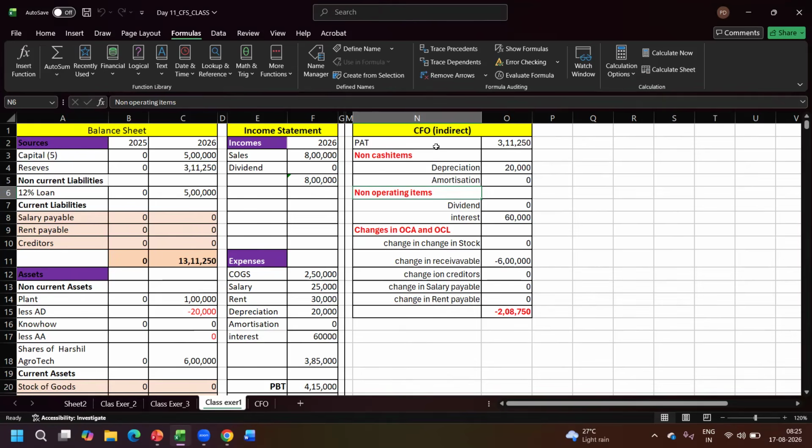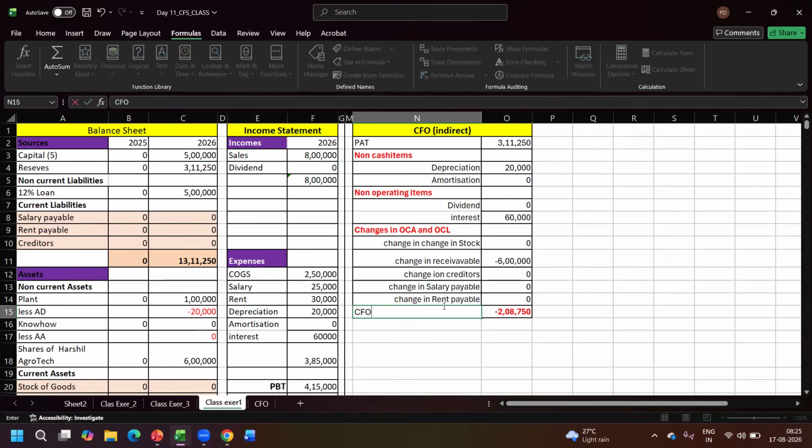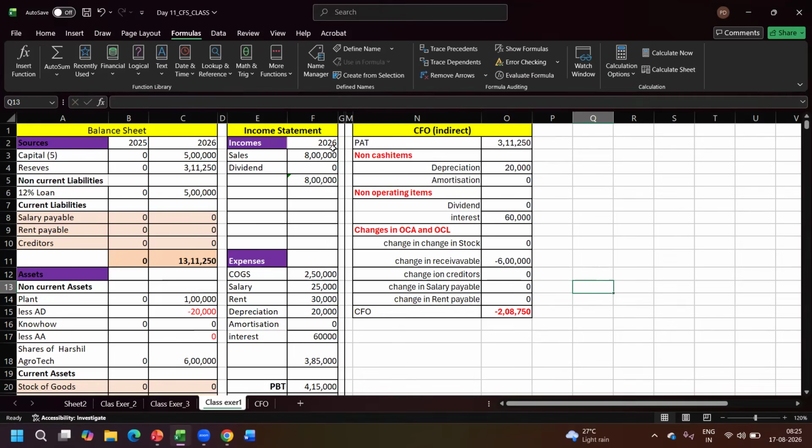So CFO is not the same as PAT because of non-cash items, because of non-operating items, and because of changes in the current assets. Just observe these changes, in this case receivables.